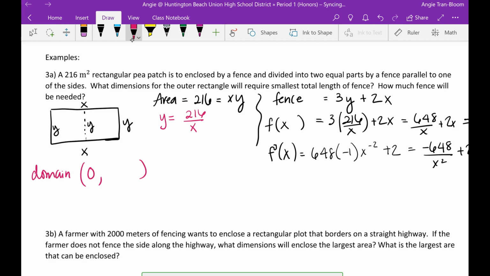Can I have x be 1 over 216? 0 to 54. Let's talk about this. How do you know what's the most? What if x is like 1/2? What's the y? Let's just plug in some number to get a feel of it. 432. Would that be okay?